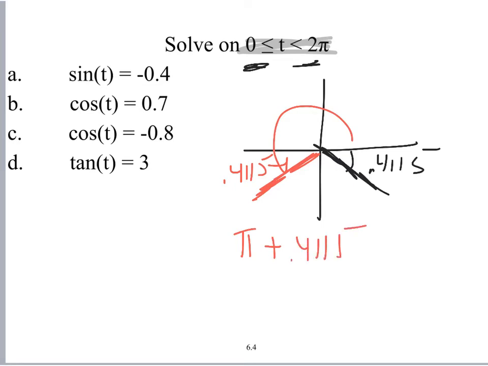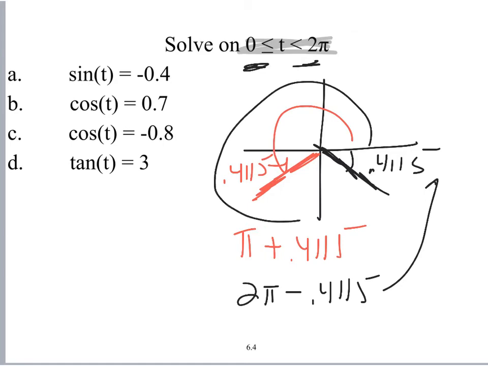And that will give me that answer. And then to get this other value, I'm going to take 2 pi and subtract 0.4115. And that will give me this angle here. I'm not going to bother finishing calculating those because that's just calculator work. But that's the kind of thinking you've got to do to catch these.